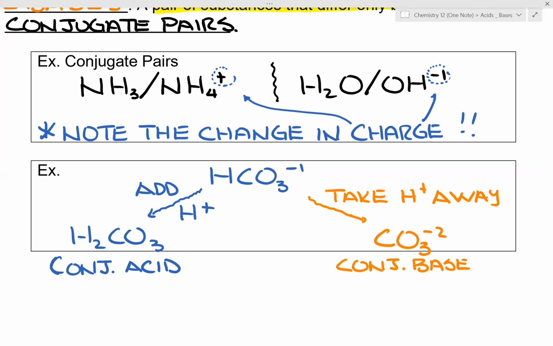Why is CO3 2 minus the conjugate base? Because CO3 2 minus has to accept a proton, that's the definition of a base, to become HCO3 minus 1. That is using the vocabulary terms, but if you just want to get through this, when I ask for the conjugate acid of a substance, you add a proton and increase the charge. If I ask for the conjugate base, you take away a proton and you decrease the charge.